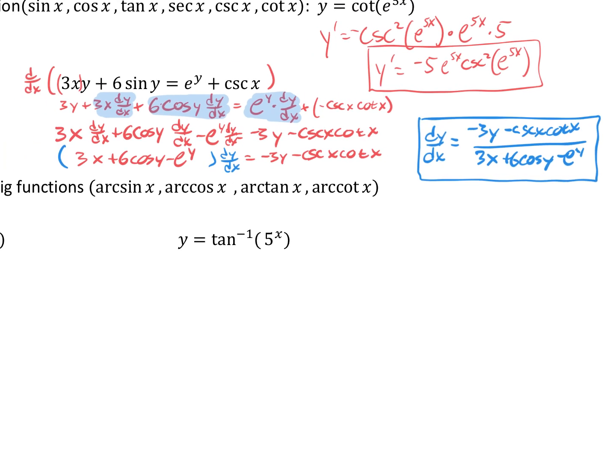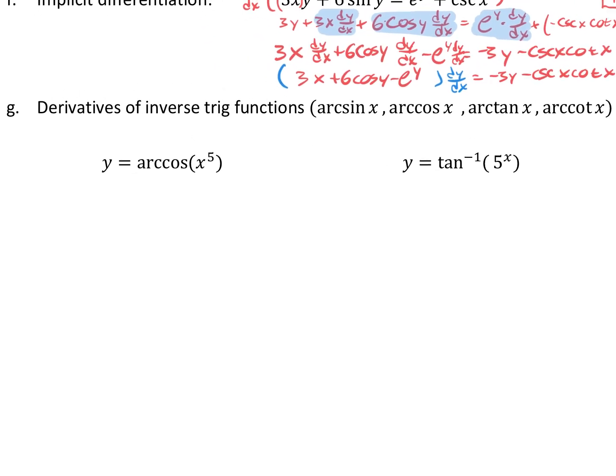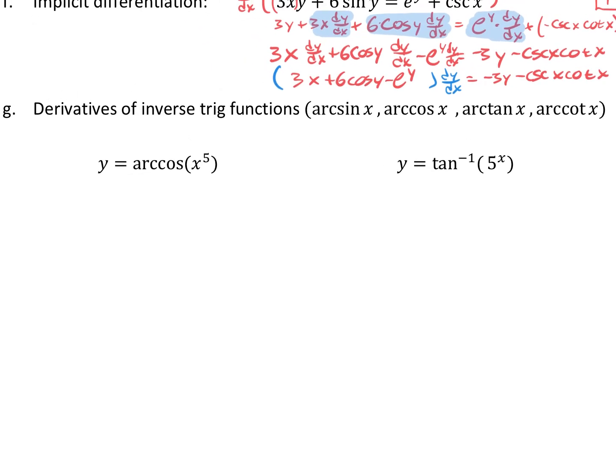Okay? All right, and then the last little type of derivatives we should review is the arcsines and arccosines and arctangents and arccotangents. So the derivative of arccosine is, well, the plain old arcsine is 1 over the square root of 1 minus x to the 5th squared.